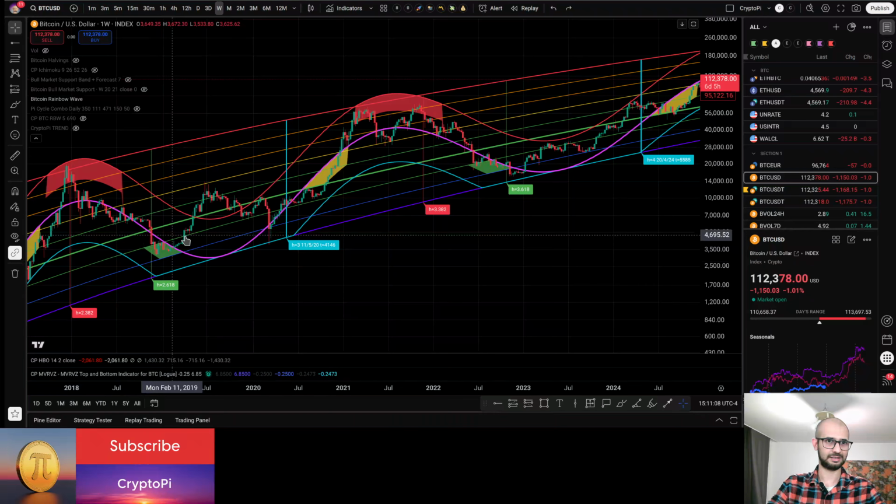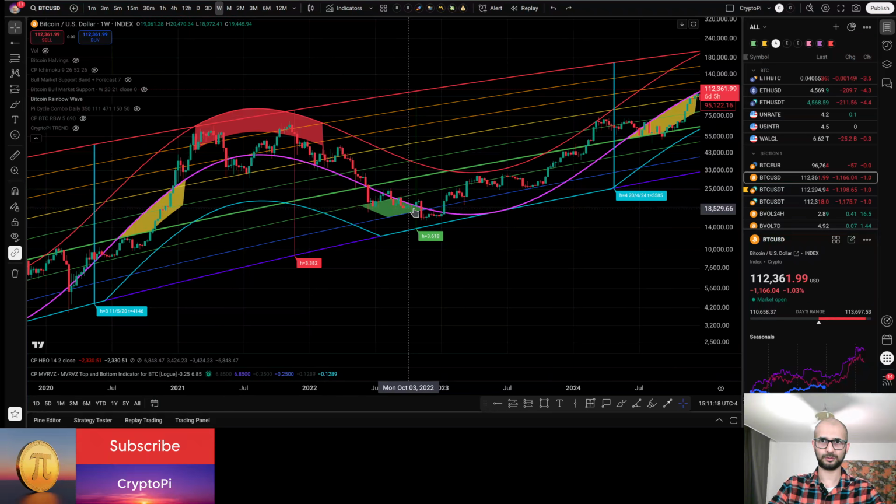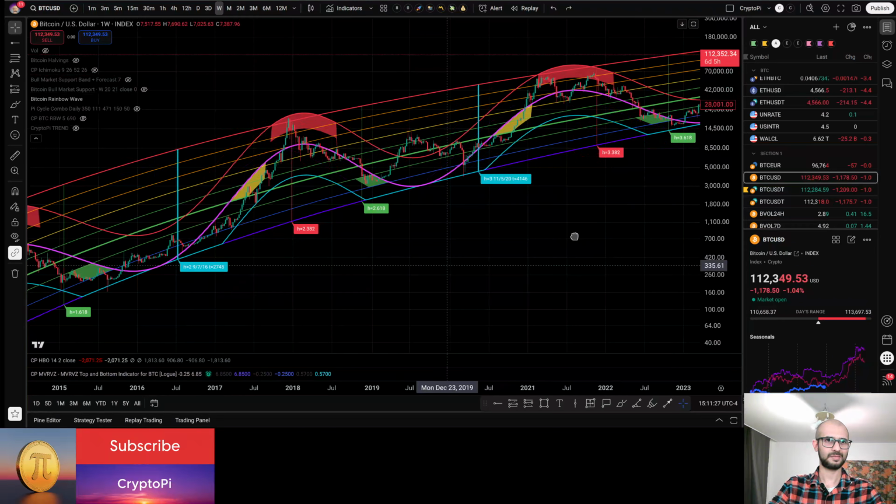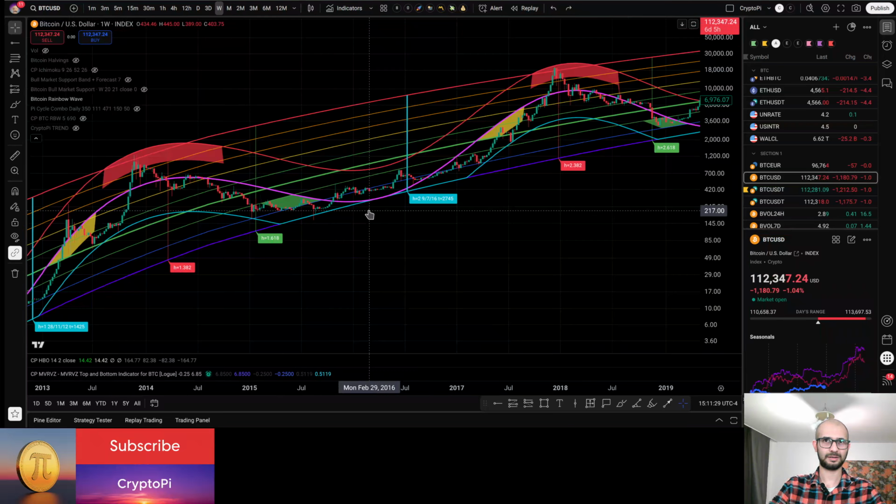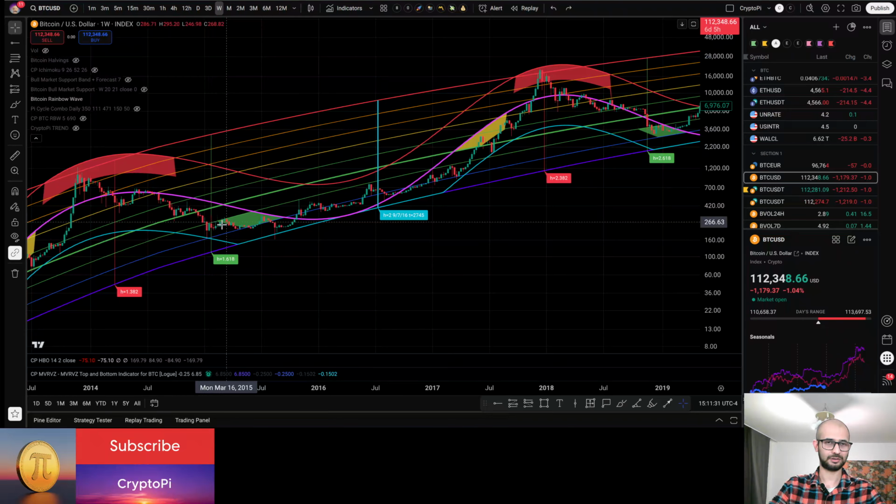In this case, it did hit the green line, and then we see that the bottom was already in. Over here, it was very close. So the bottom was at the green zone, the very end of this green zone, but it still was there. And over here, the bottom was not at the green zone.